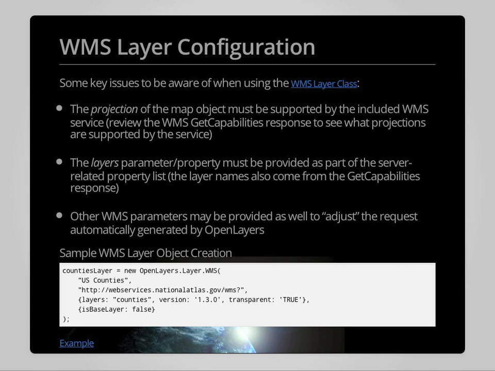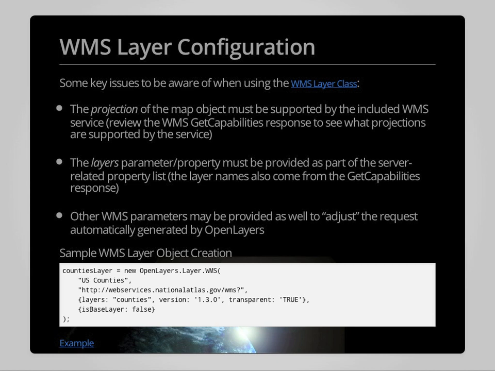So the practice that you were doing before in looking at and evaluating the content of a WMS get capabilities request is key in getting the information you need to make sure that a WMS layer that you want to add to your map will actually be compatible with that map in terms of the supported coordinate reference system or projection.